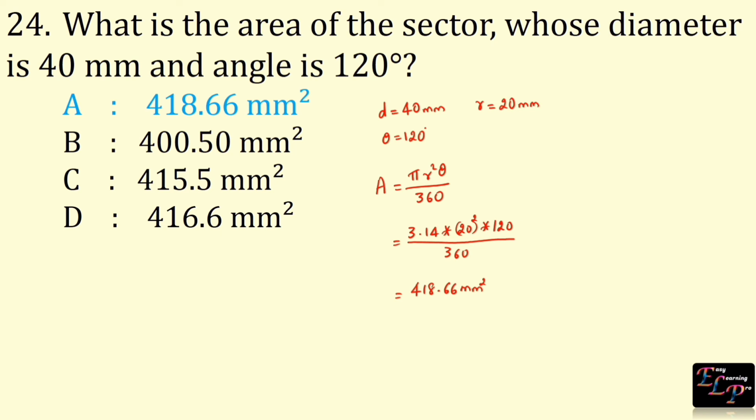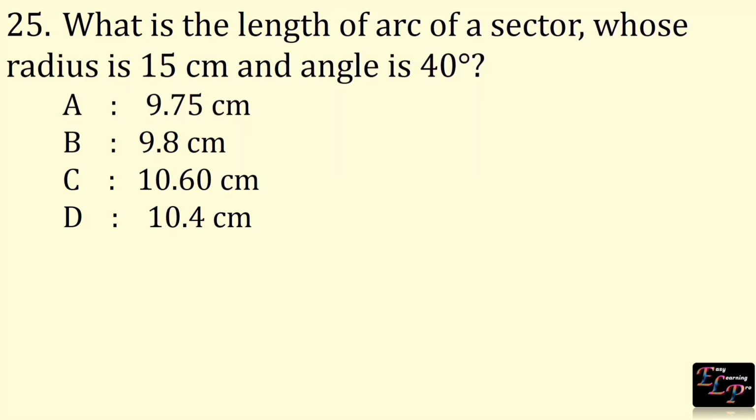What is the length of arc of a sector whose radius is 15 cm and angle is 40 degree? Given radius as 15 cm and angle theta as 40 degree. We have to find length of arc of the sector, which is given by 2 pi r theta divided by 360.